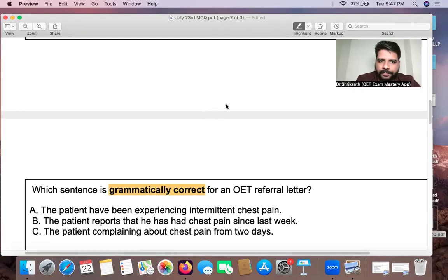Has everyone participated? We have C option, we have A option. Okay, we have C and A most commonly. 5 more seconds.